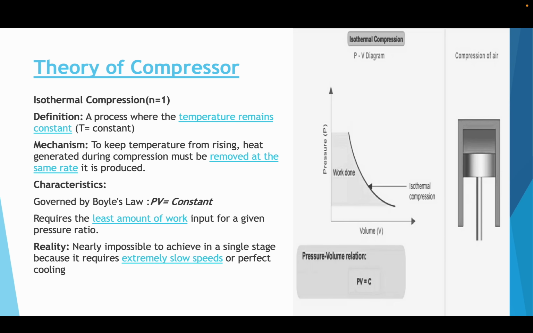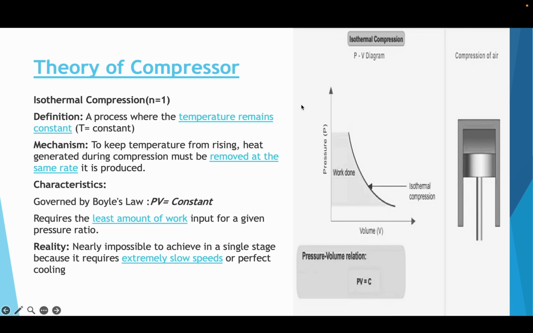Isothermal compression is a type of compression in which the heat generated is removed at the same rate at which the temperature rises. It means that during the compression cycle, the heat is removed at the same rate as it is produced, so the temperature rise will be 0.